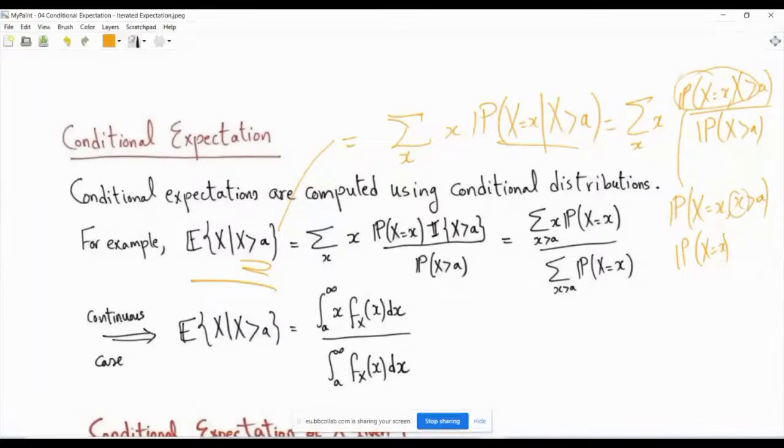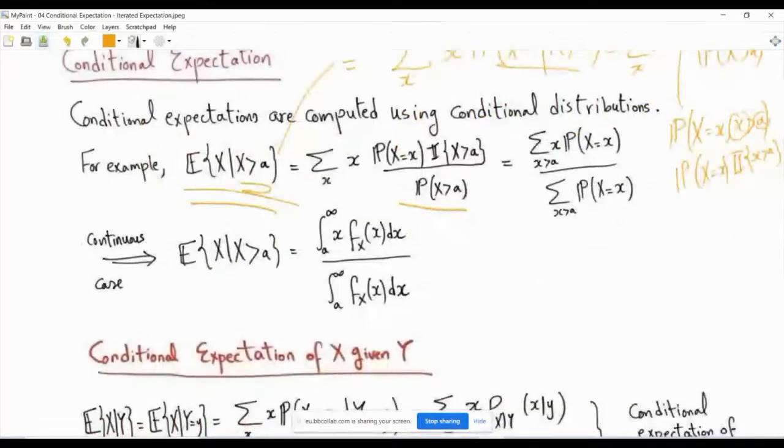Because this is a fixed quantity, either small x is greater than small a and we get a 1, or small x is less than or equal to small a and we get a 0. This was done in the previous lecture, and here I wrote it directly, but this is the line of reasoning: conditional expectation is an application of conditional distribution. Write down your formula for expectation, but now use the conditional distribution.